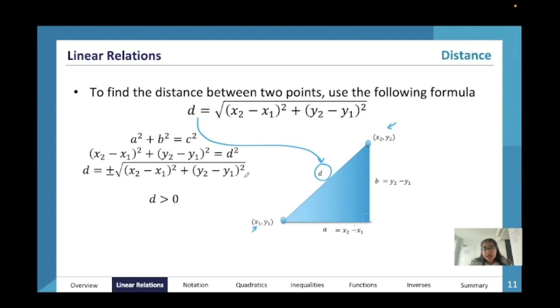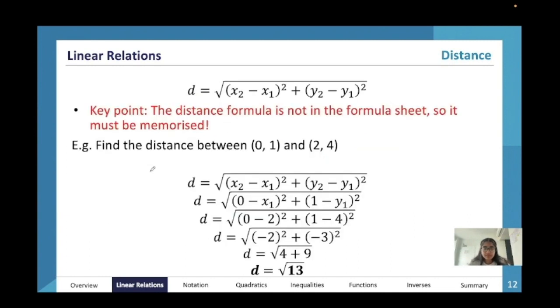But you can't have a negative distance. A distance is always a positive value because it's a measurement from one point to another. You can't go negatively from one point to another and find that distance. So distance is greater than 0, and that's why distance is only the positive value of that square root: plus the square root of x2 minus x1 squared plus y2 minus y1 squared.